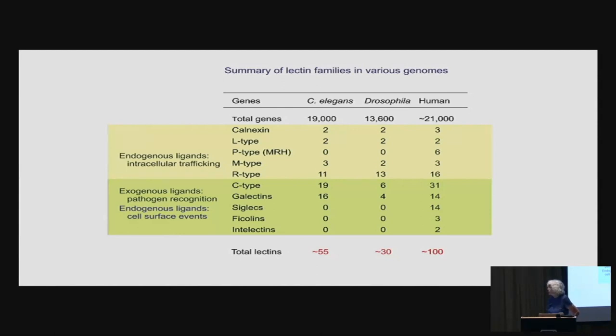Siglects are vertebrate specific. And one thing is that these model organisms, C. elegans and Drosophila, are really not useful for studying the functions of some of these major types of lectins.